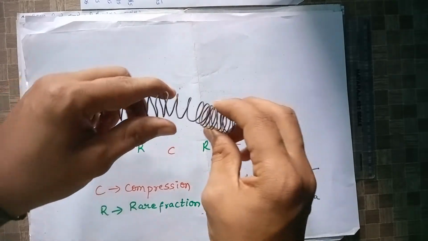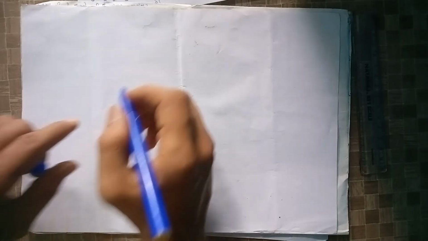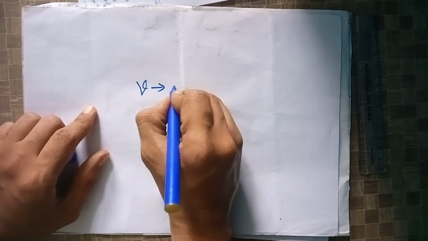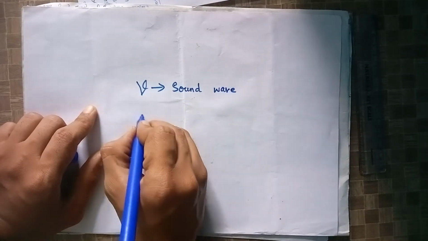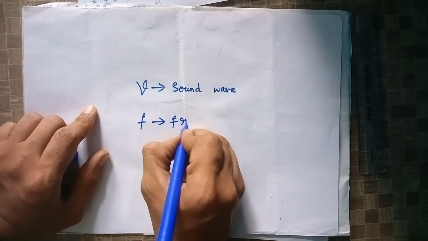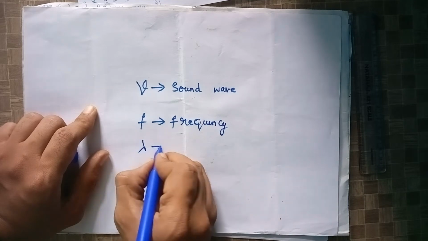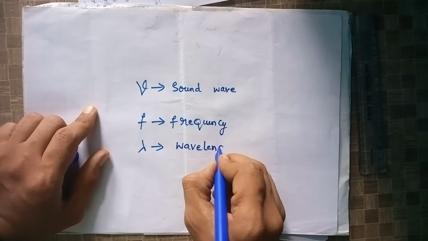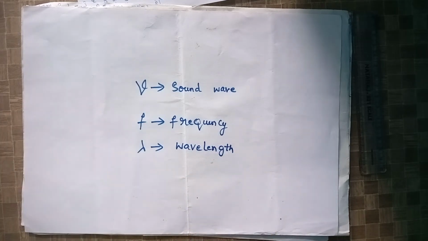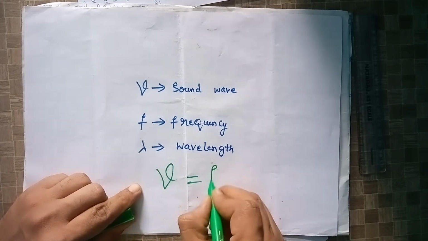the relationship between frequency, wavelength and time period. If v is the speed of the sound wave, f is the frequency and lambda is the wavelength, then the relationship is given by: speed of sound wave is equal to f into lambda.